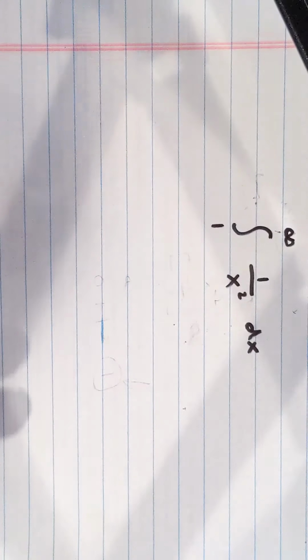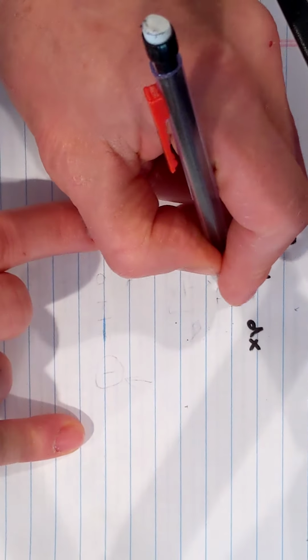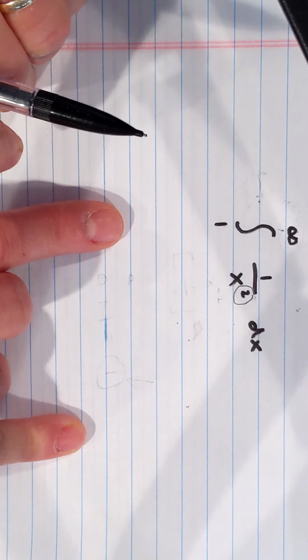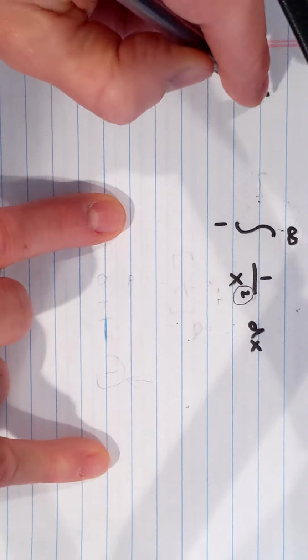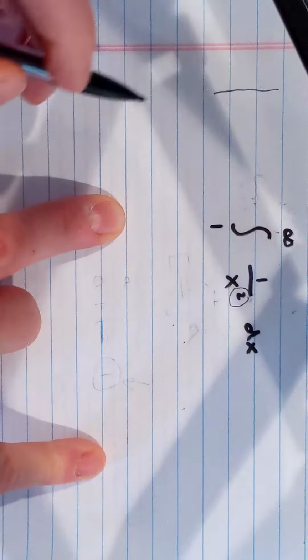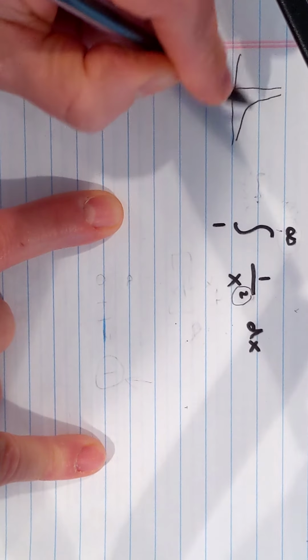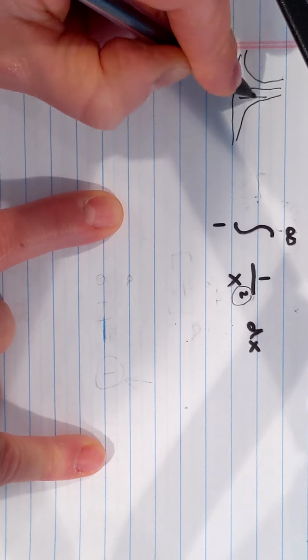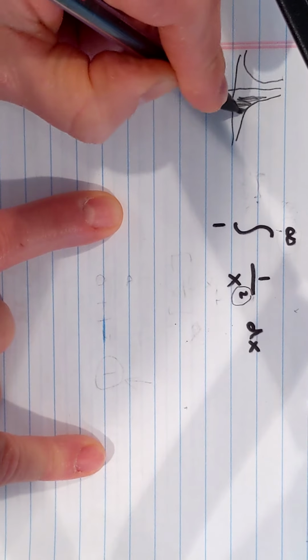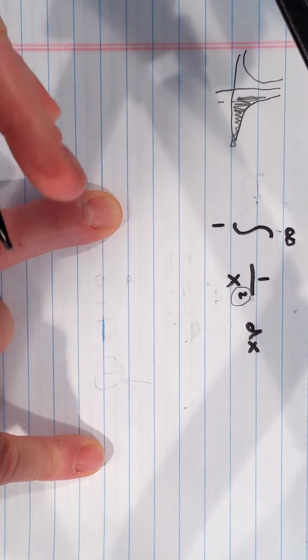Now we'll look at this one. This one is the same thing, only notice now the power is a power of 2. Its area is still under this curve, but it's still got that issue where going from 1 to infinity, it doesn't have a bound.